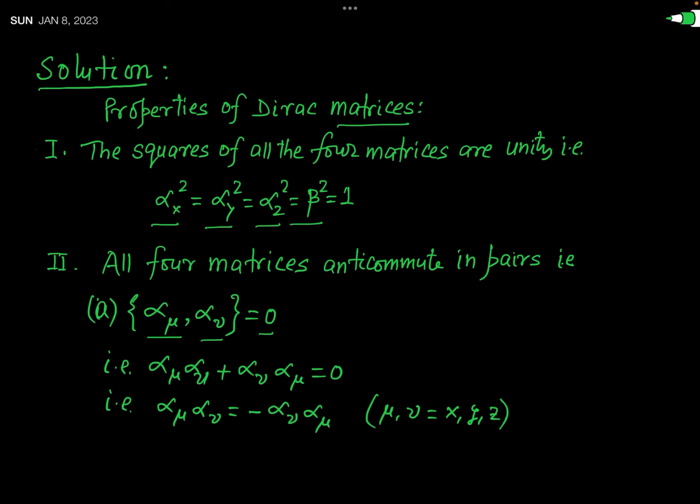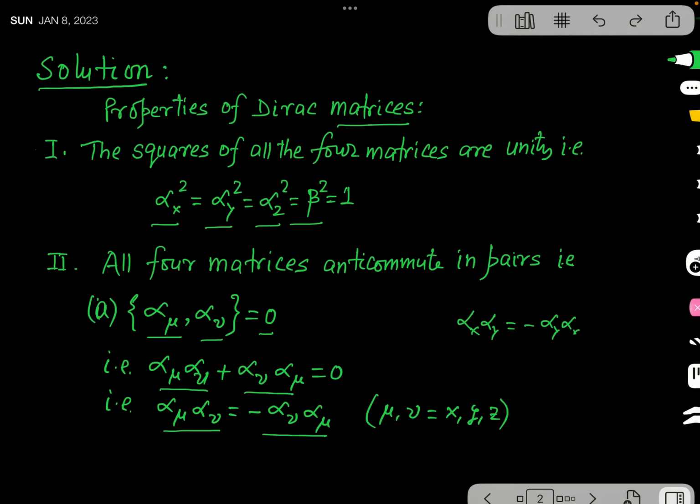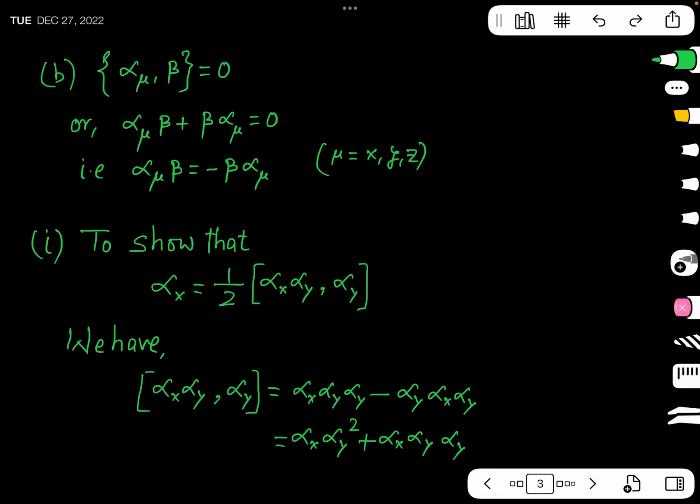The anti-commutator is defined as alpha mu alpha nu plus alpha nu alpha mu equal to 0, or alpha mu alpha nu is equal to minus alpha nu alpha mu, where mu and nu represent x, y, and z. It means alpha x alpha y equals minus alpha y alpha x. Any pair you can take.